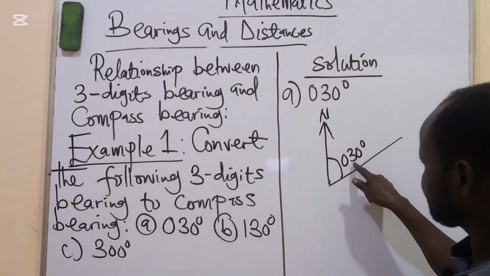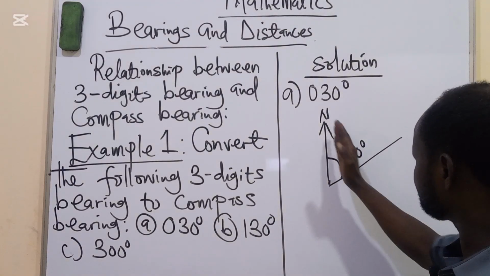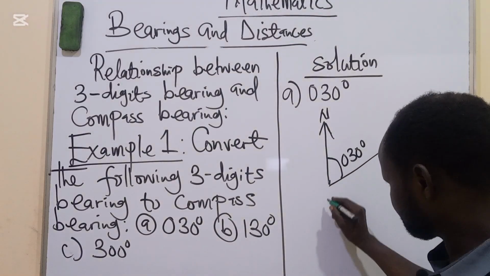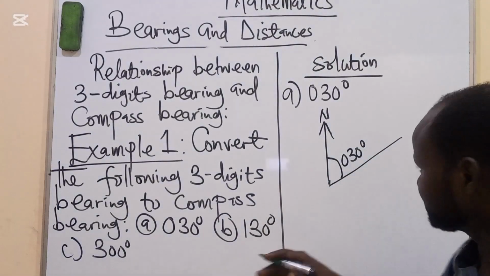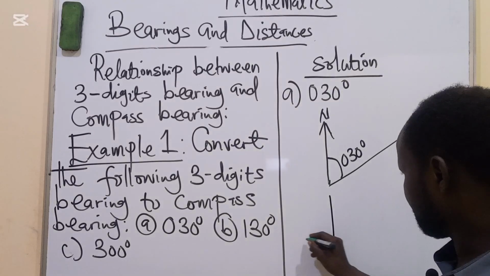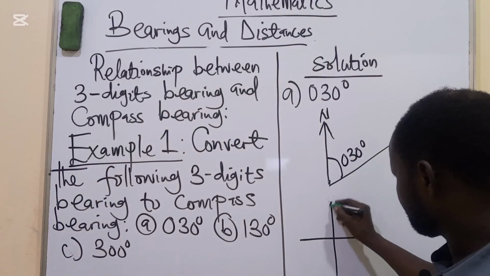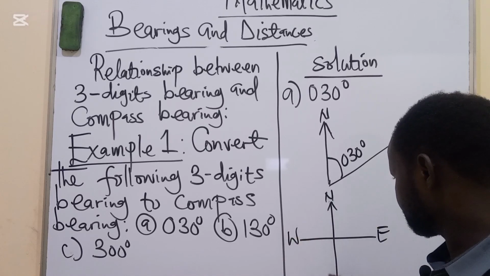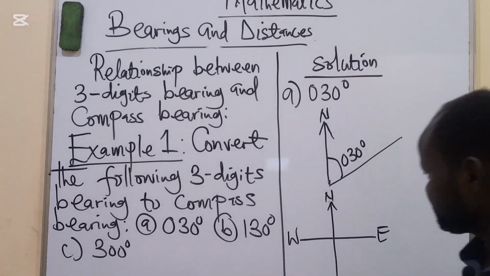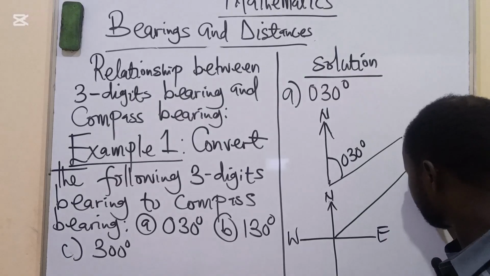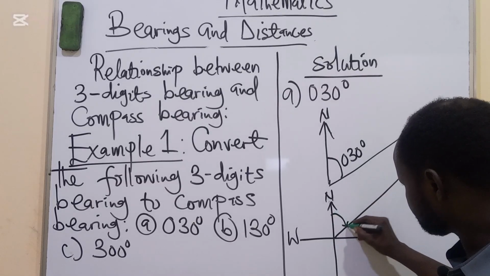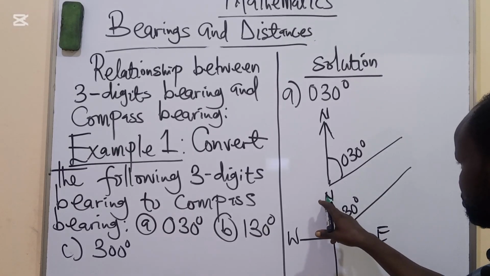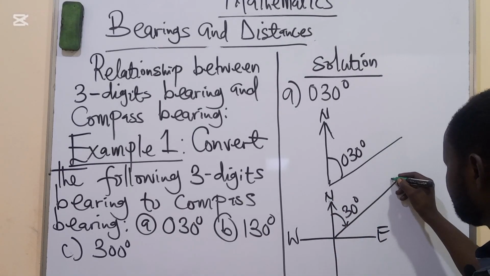You realize that this 30 degrees, 030, will fall between the north and the east. So I can represent this on cardinal points. Let's say I have my cardinal points like this. This is the North Pole. This is east, west, south. 30 degrees now will be somewhere here. This is now 30 degrees, and this 30 degrees is between north and what?